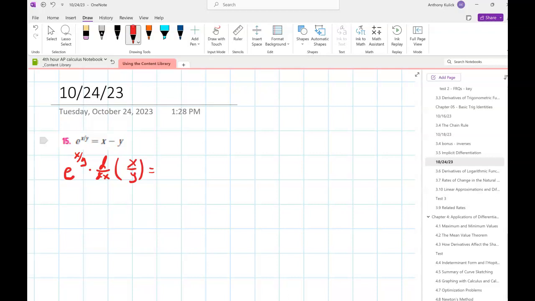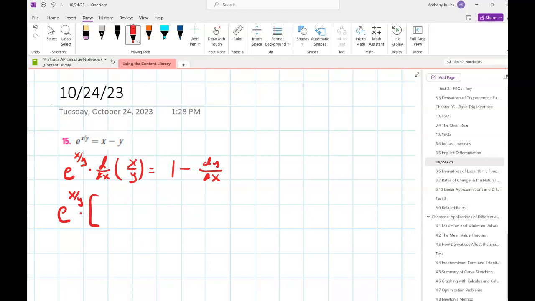And when I do the right-hand side, the derivative of x is 1. And the derivative of y is 1 times dy/dx. I'm not going to write the 1 times, so we're just going to write dy/dx. So we'll go ahead and do the derivative of x over y now.